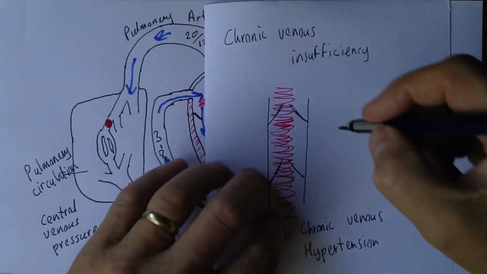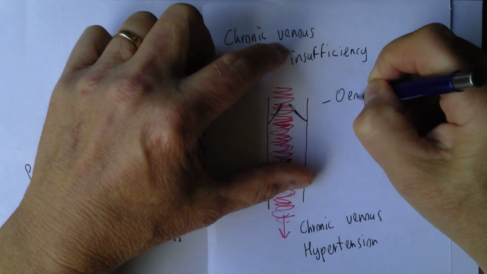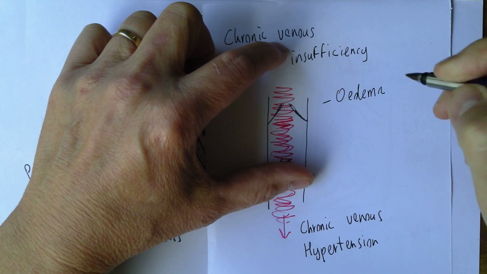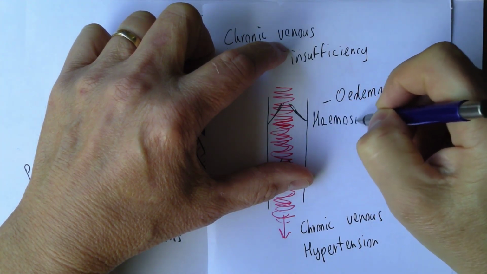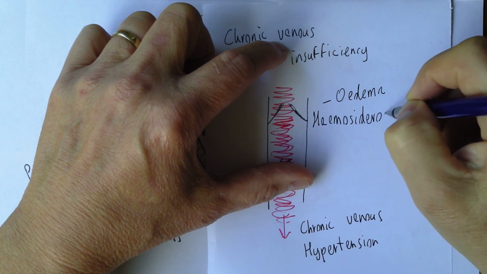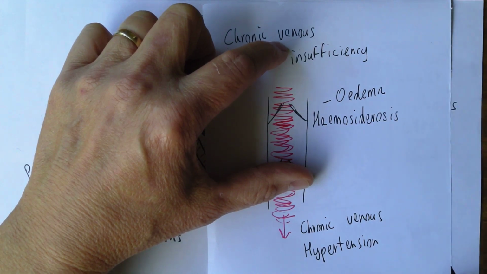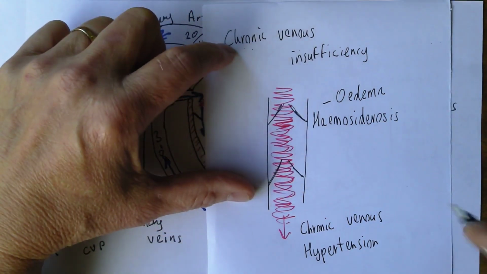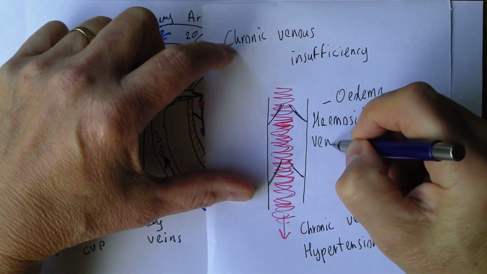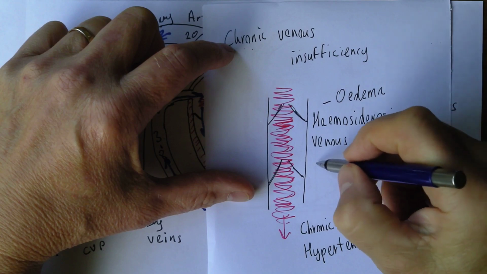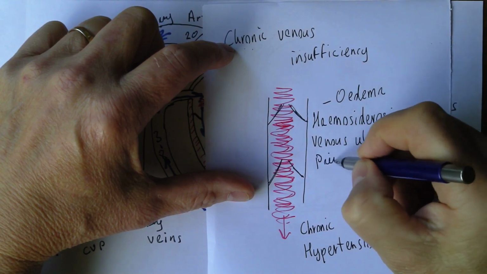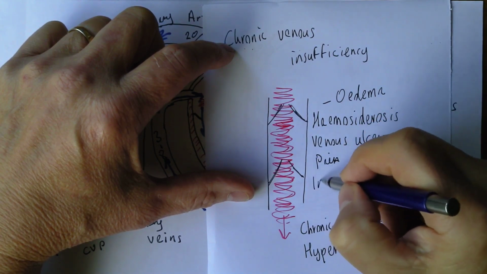And this gives us clinical features such as edema. And we get the brown staining, the hemosiderosis. But it can lead to venous ulcers, which are painful, and it can also lead to infection.